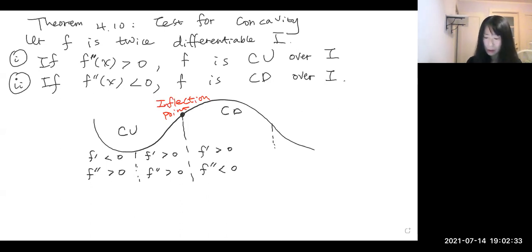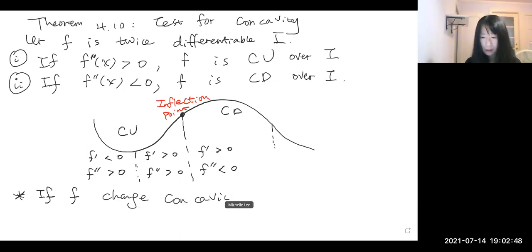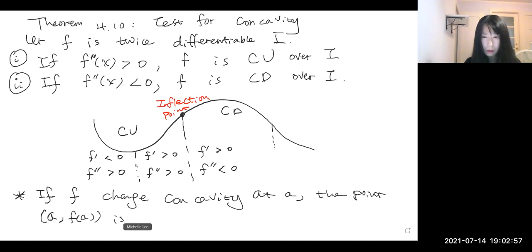So let me write down the definition: if f changes concavity at the point, then f of a is an inflection point.